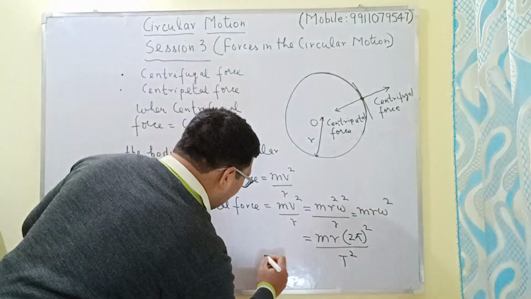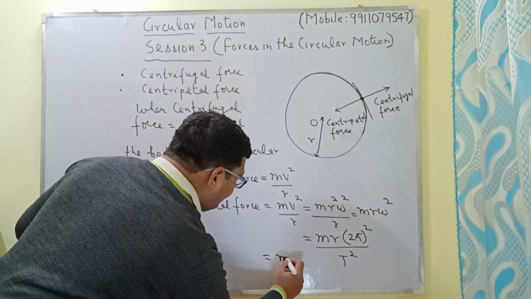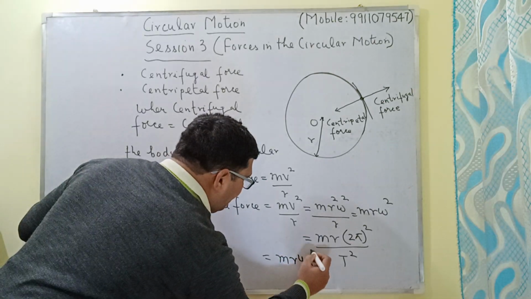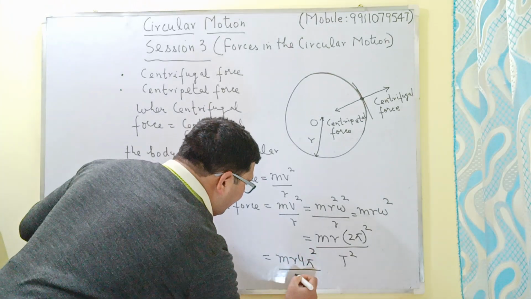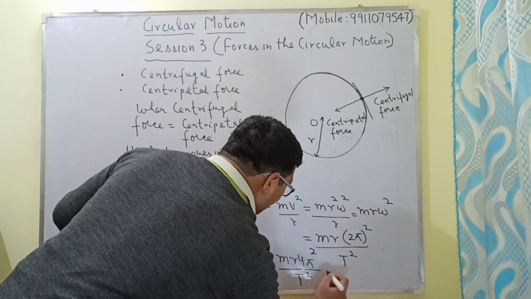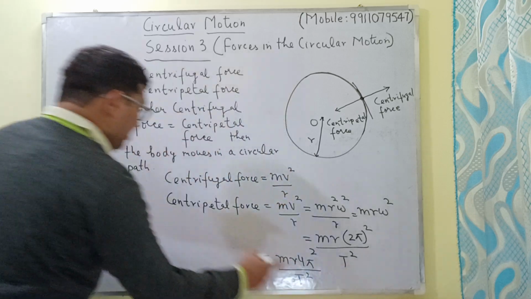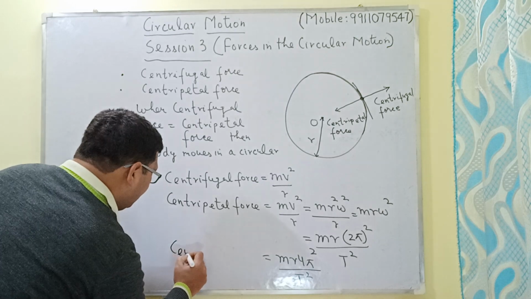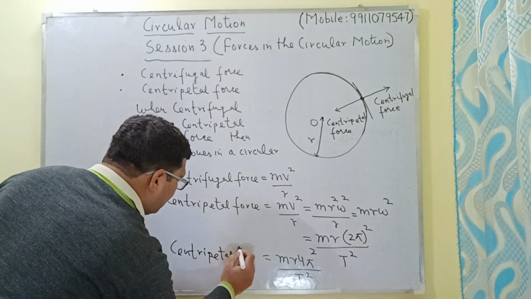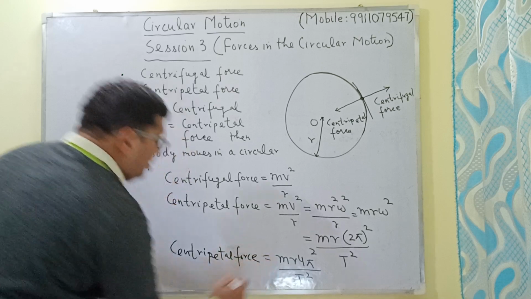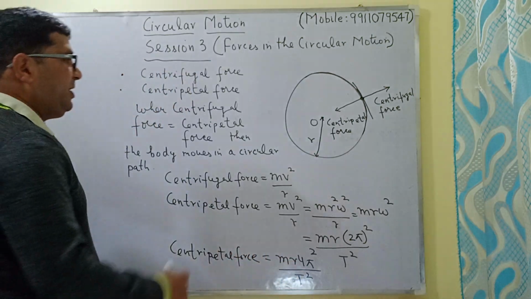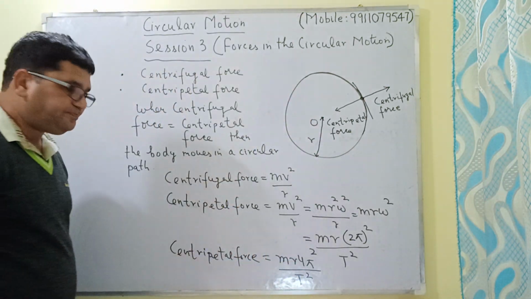So the centripetal force is equal to m r 4 pi square upon T square, where T is the time period of this motion.